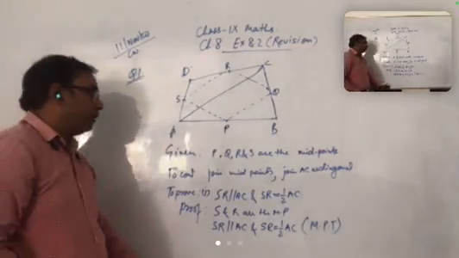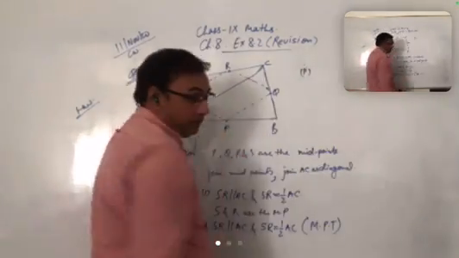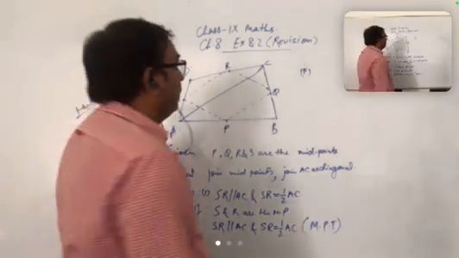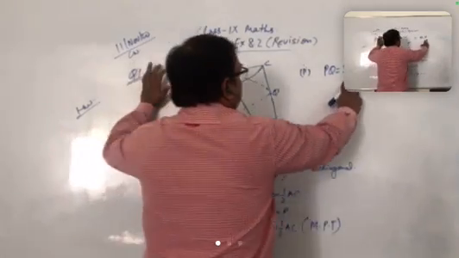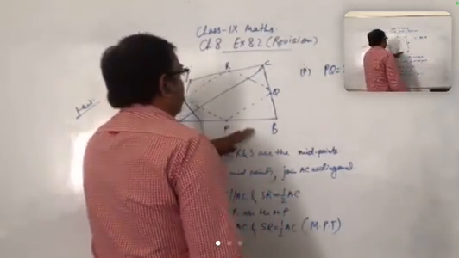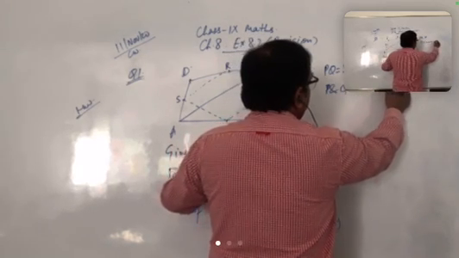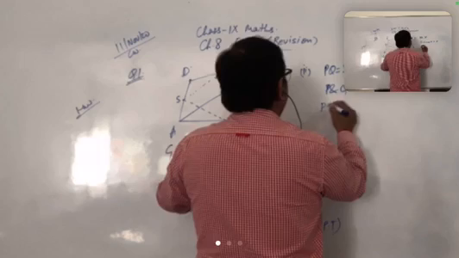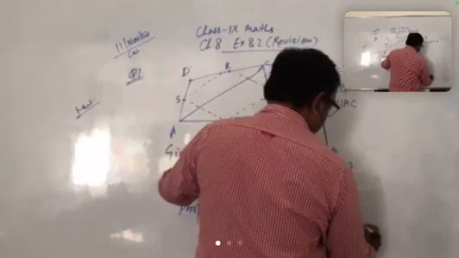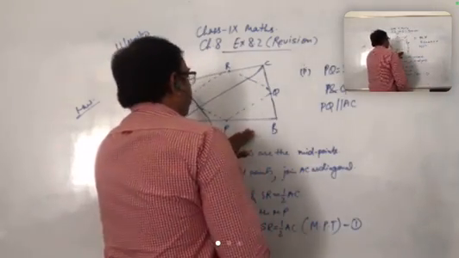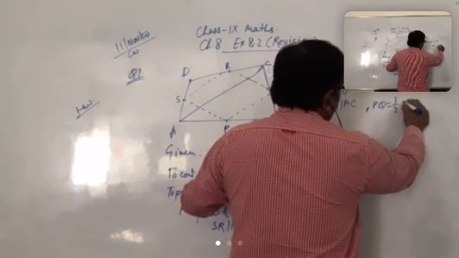Clear? Now for the second, we have to prove PQ is equal to SR. For this we say that P and Q are the midpoints. So PQ is parallel to AC and PQ is equal to half of AC.